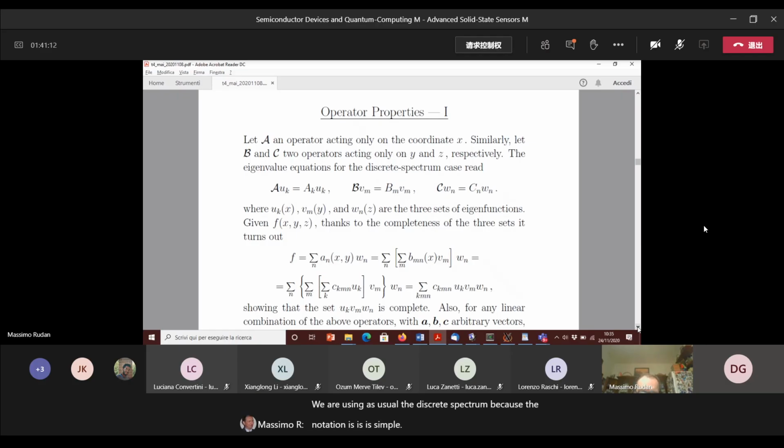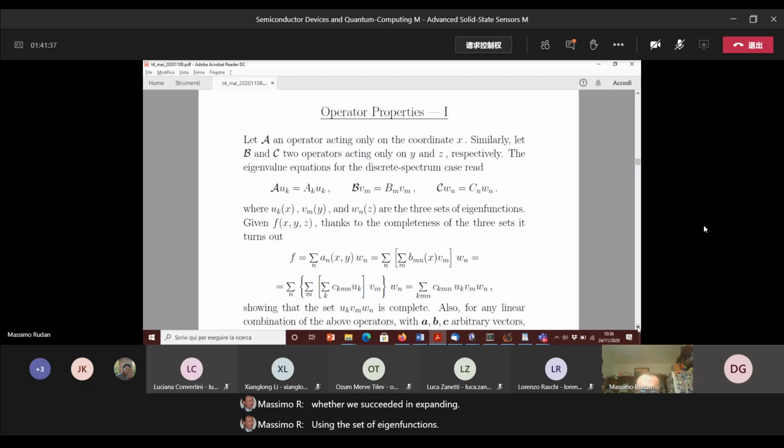And we also assume that the set of eigenfunctions u is complete, of course, with respect to x. v is complete and w is also complete. Okay. Now let's see whether we succeed in expanding using the set of eigenfunctions u, v, and w.